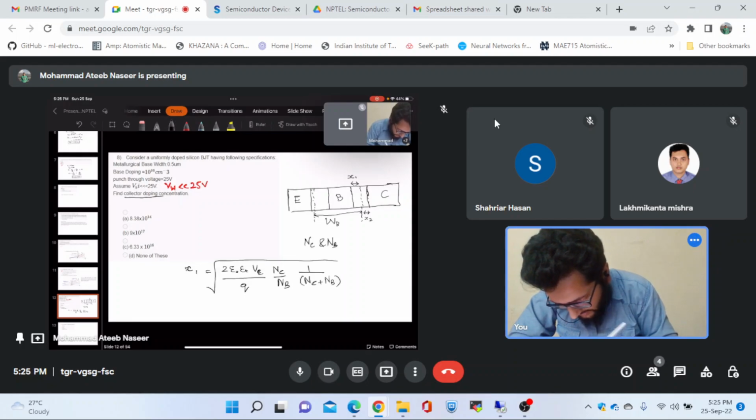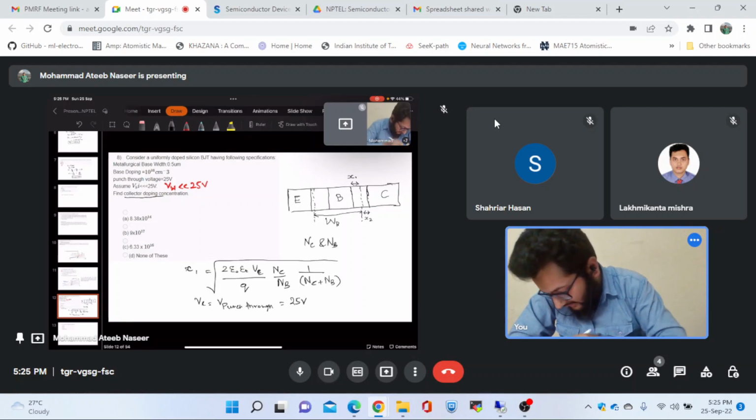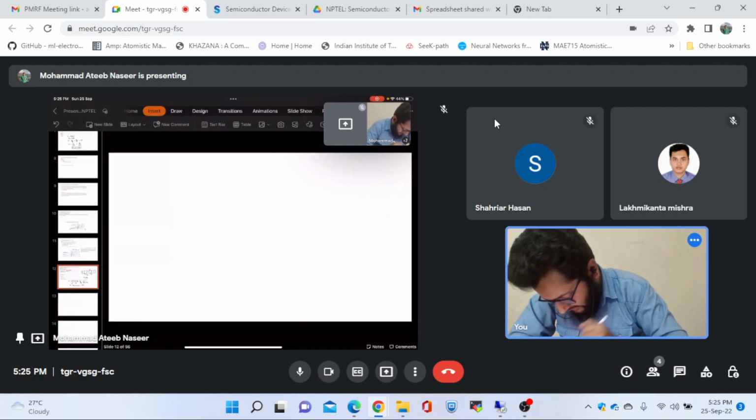So if punch through has occurred, we have to take this VR to be equal to V punch through, where this punch through voltage is equal to 25 volts. Let us add some slide. Okay.